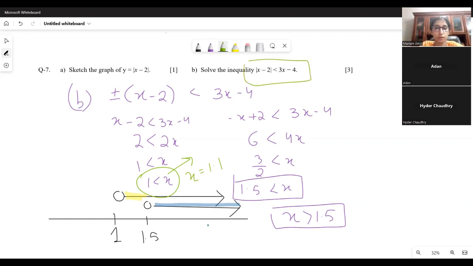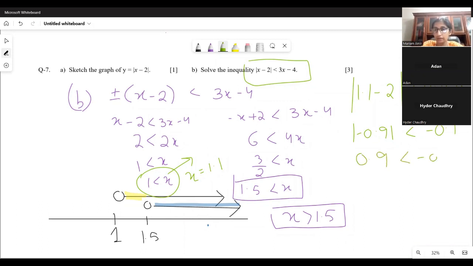So I'm going to write modulus 1.1 minus 2 less than 3 into 1.1 minus 4. So 1.1 minus 2 is minus 0.9 inside the modulus, less than 3 into 1.1 minus 4 is minus 0.7. So we're getting 0.9 is less than minus 0.7, which is false. So that is why this solution is rejected.